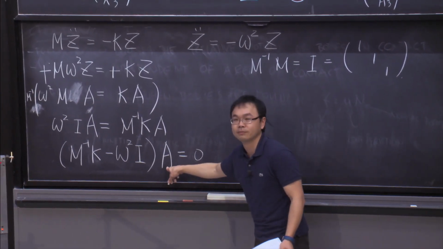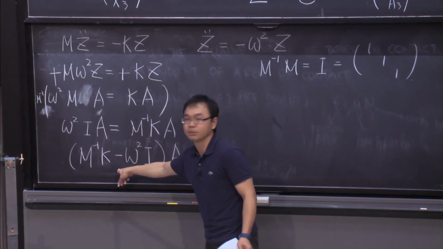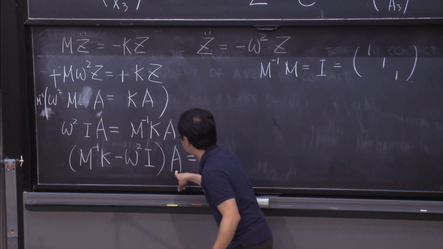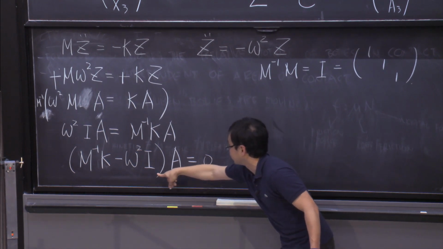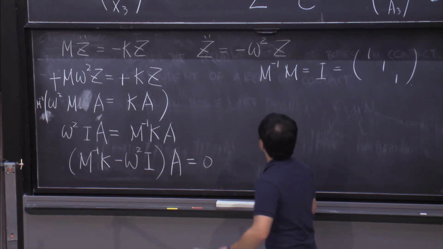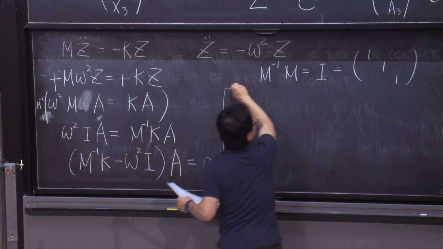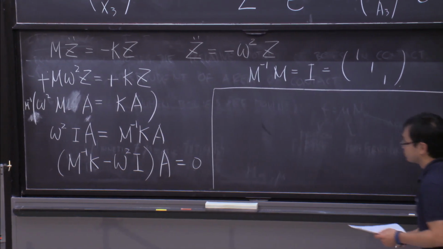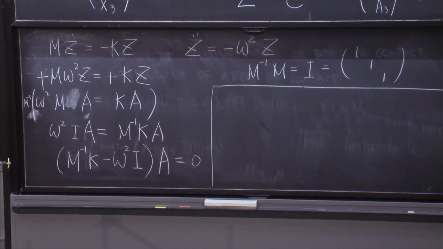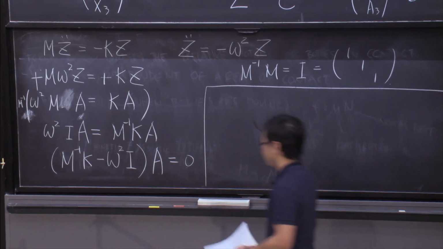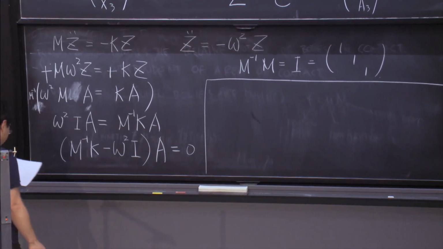Okay, so if A is not 0, then this thing times A should make this equation equal to 0, right? So what is actually the required condition? Okay, I got stuck, and of course, again, my friend from the math department came to save me.